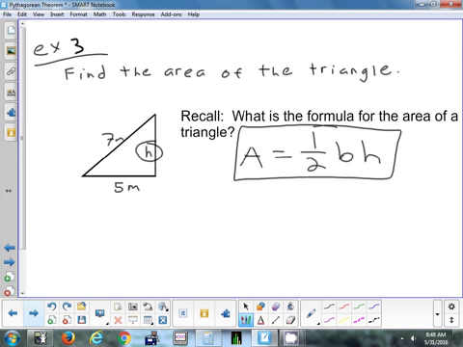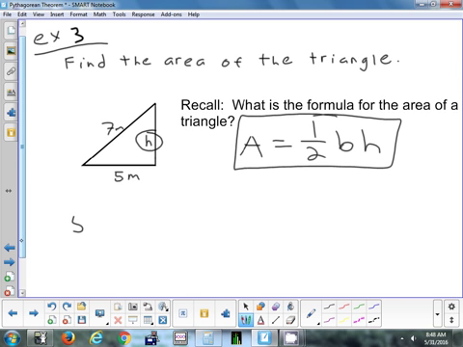You would write 5 squared plus h squared equals 7 squared. What theorem did you just use? The Pythagorean theorem. He's going to find the third side of the triangle first, which happens to be our height. And then after we know the height, then we can figure out the area of the triangle.